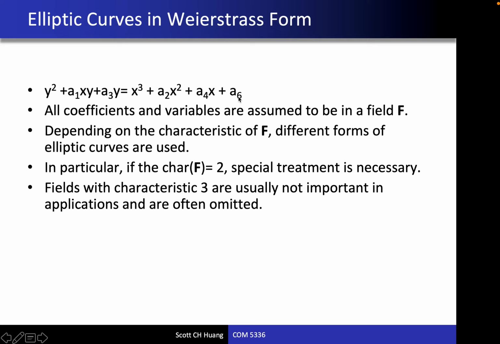In Weierstrass form, they actually introduce a1, a2, and a3. If we are not using the binary fields, then we don't need to use this. If we just use prime fields, then we can simply use a4 and a6 without any problems at all.